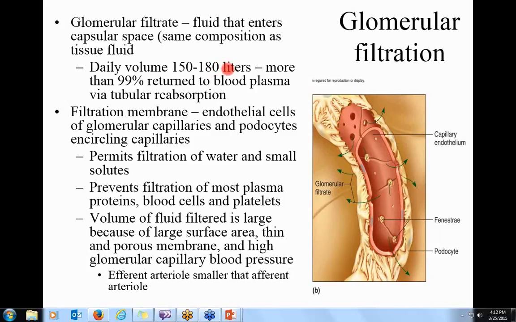And this is why 99% of that blood plasma is returned. In other words, 99% of this fluid leaves the nephron and is returned into the bloodstream. You only urinate about 2 liters per day, even though you filter about 180 liters.